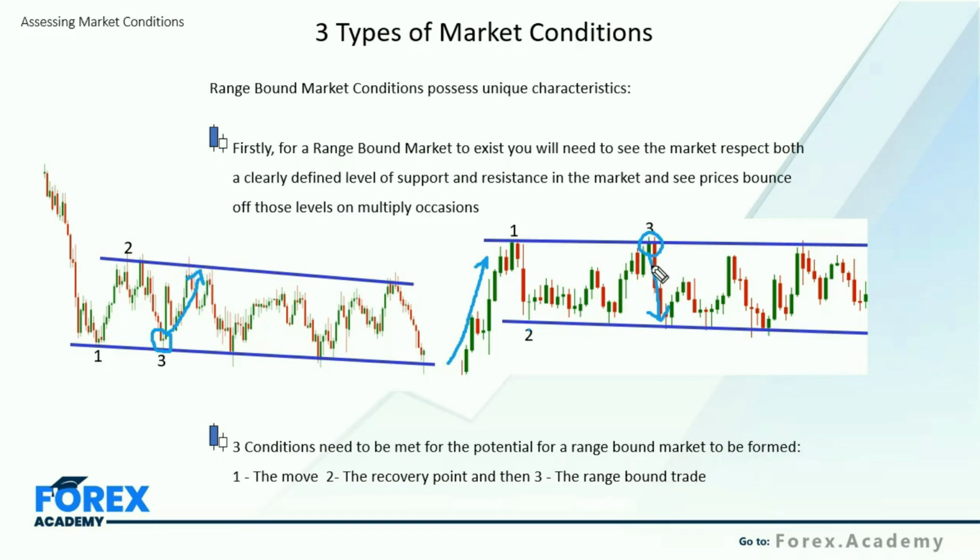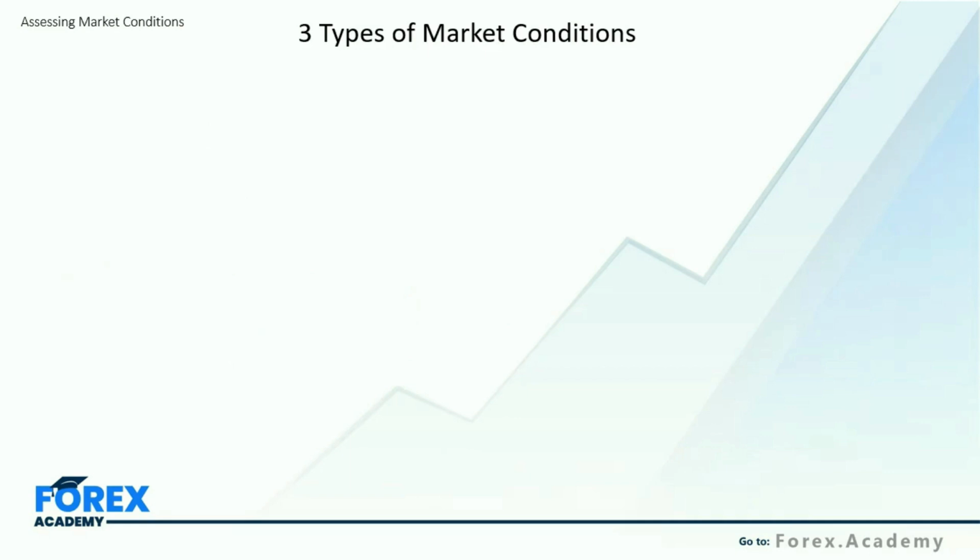Whereas in this particular example, a range-bound trader will be looking to sell the market at this point and looking to exit roughly around the lower edge. So it obviously presents some very, very interesting opportunities for traders, and that is effectively range-bound market conditions and how traders interpret them.